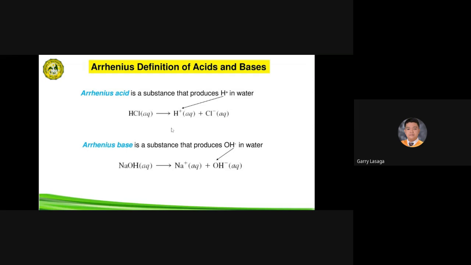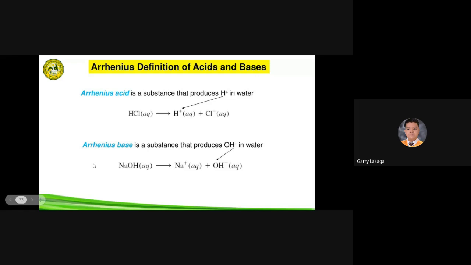So this H plus will make this particular substance HCl an acid, because when you add more HCl in water, the solution will have more hydrogen ions, because HCl dissociates into H plus and Cl minus.